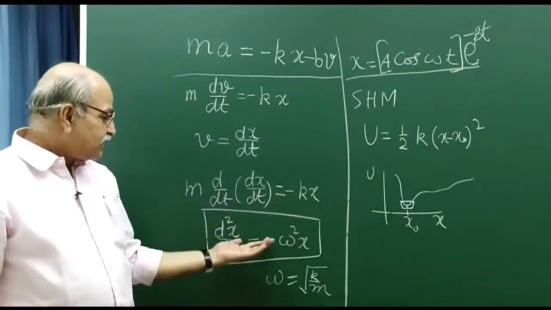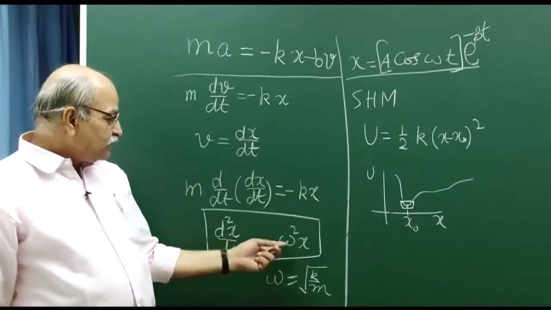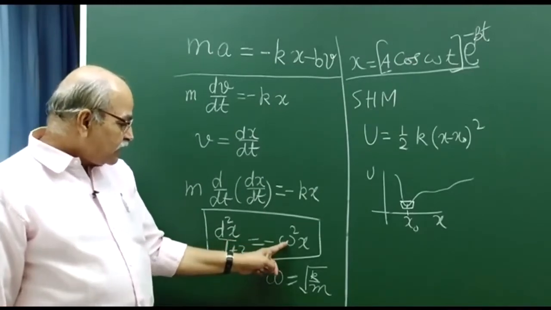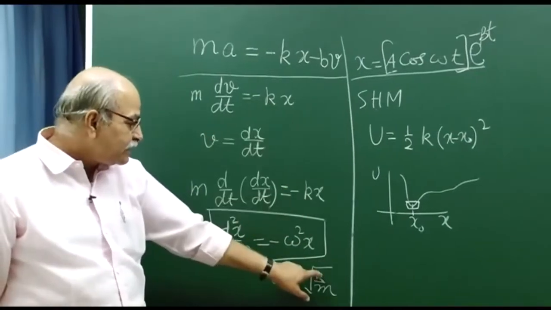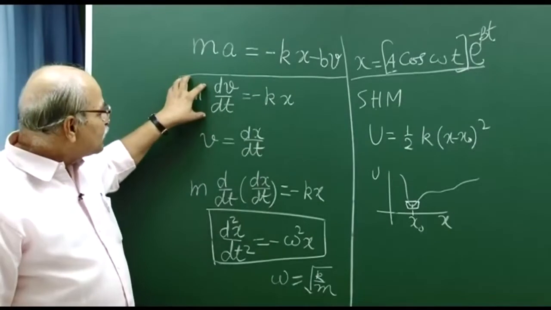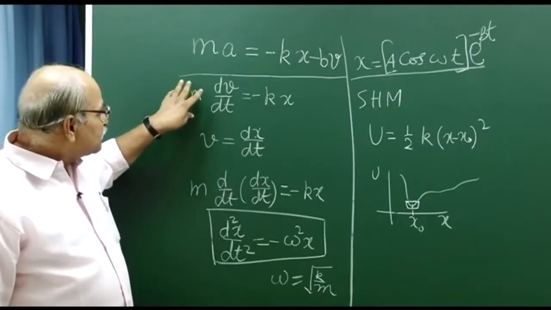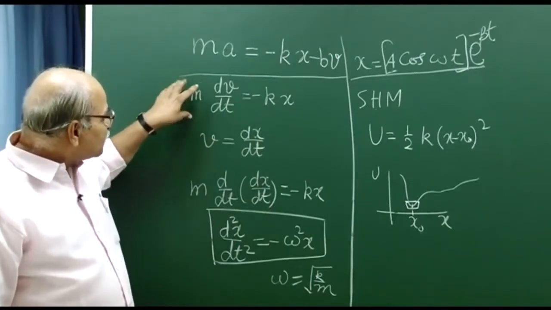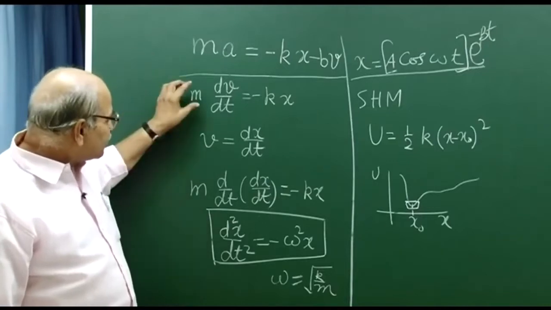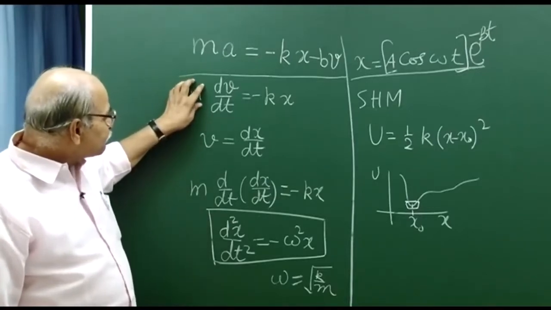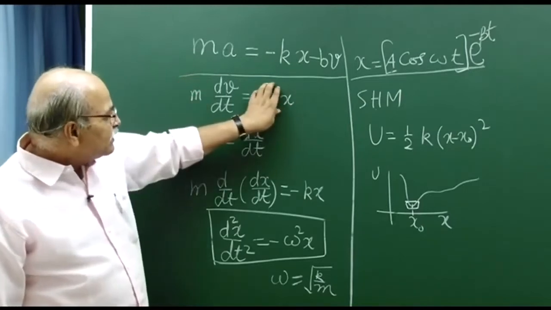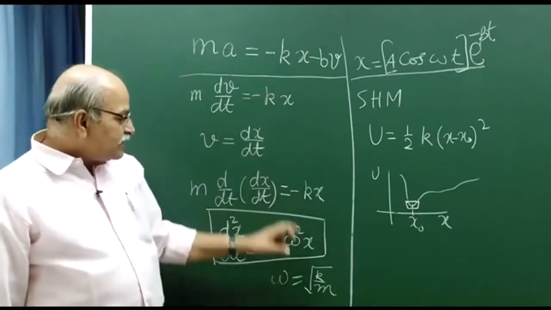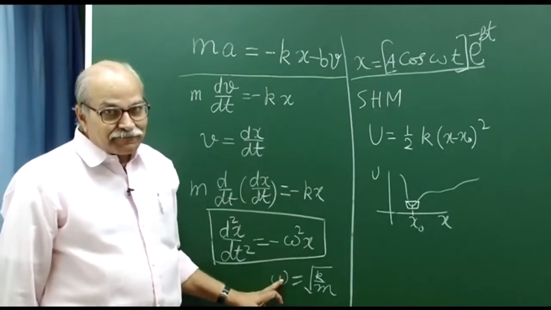This is the differential equation, with a certain frequency omega, which will depend on the restoring force, this k here, and on some property of the system, mass or moment of inertia, something. So the oscillating system property is here, the force property is here, and they decide the frequency omega.